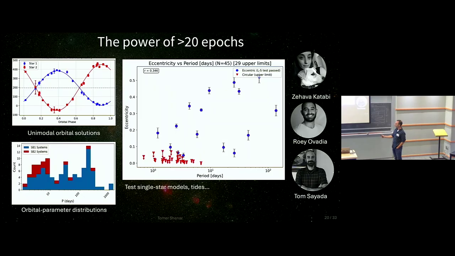So it's not exactly related to your question, but maybe it is. Do you know what the companion to that short period eccentric system is? No, not yet. This is all super preliminary.